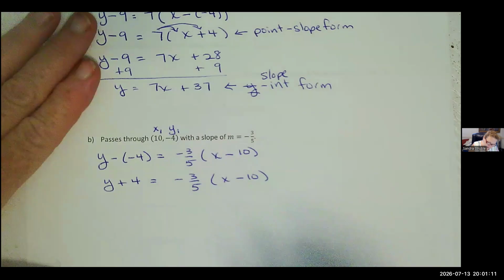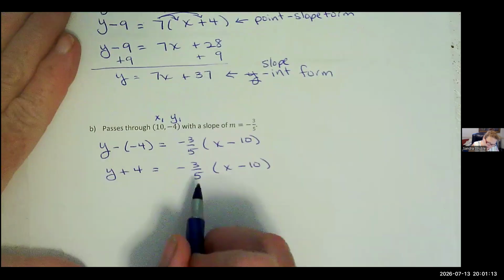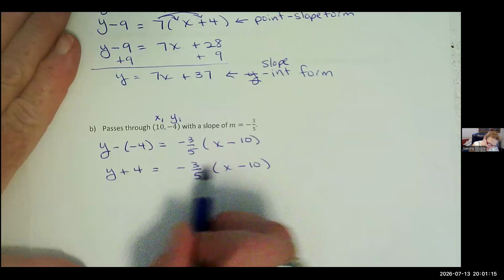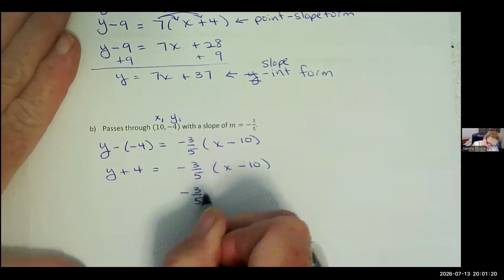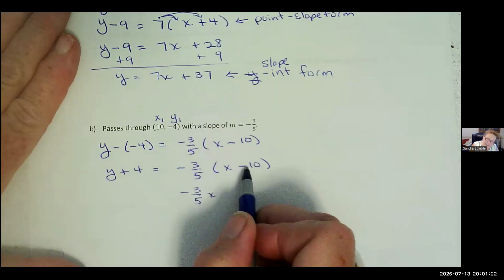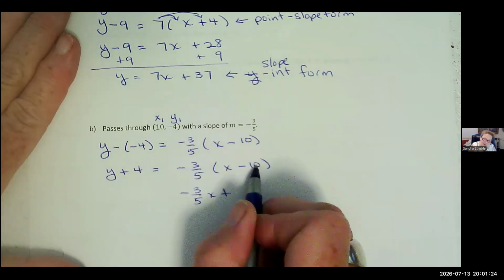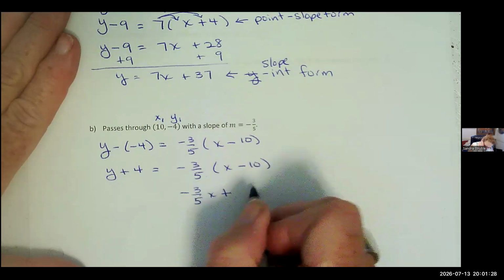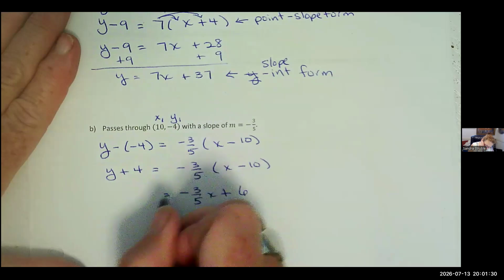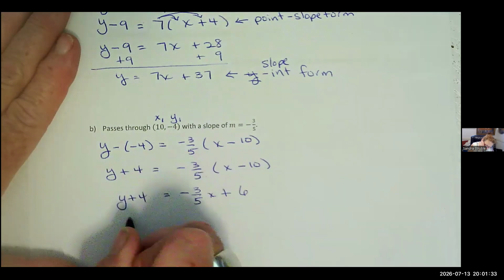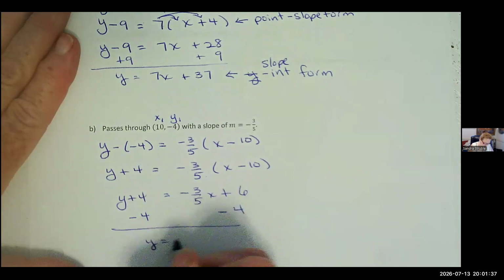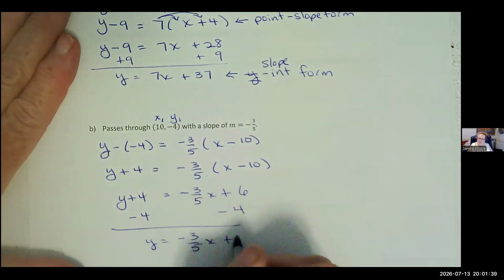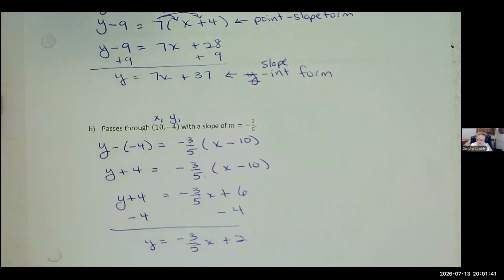The first thing I'm going to do is distribute. -3/5 times x is -3/5 x. -3/5 times -10, a negative times a negative is a positive. 3 times 10 is 30. 30 divided by 5 is 6. Now we're going to subtract 4 from both sides. y equals -3/5 x plus 2. There is the slope intercept form.